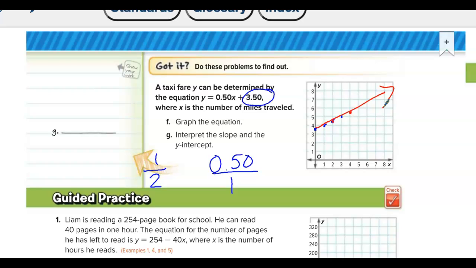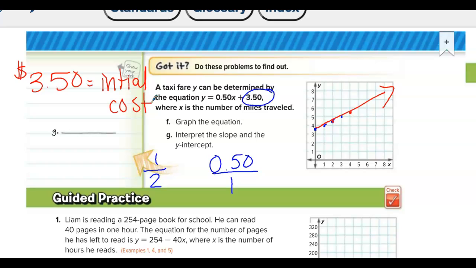To start with. So that's like your initial. And it's 50 cents a mile, right? Yes. So we have our y-intercept of 3.50, and it means that's the initial cost. Okay, so no matter how far you go, whether you order a taxi and you go a block, you have to pay $3.50. If I order a taxi and I go 3 blocks, I still have the initial fee of $3.50. It's kind of like your minimum that you can pay.